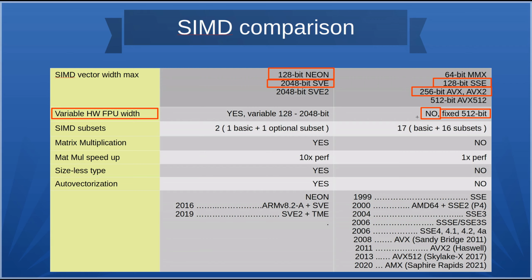You cannot run 256-bit instructions on some small Atom core which has only 128-bit. This is not possible on x86, but this is actually possible on ARM. ARM can run the same binary code on a 128-bit floating point unit as well as on a 2048-bit hardware unit.